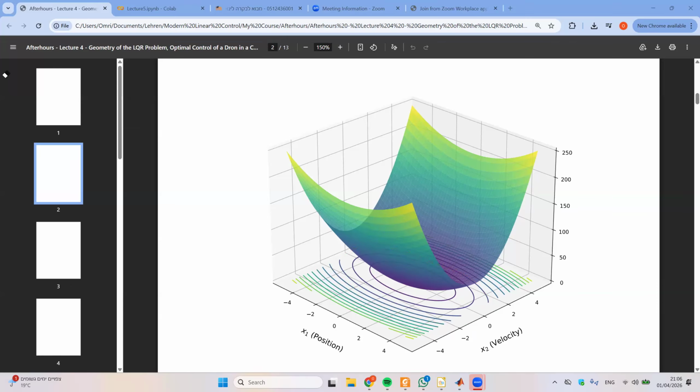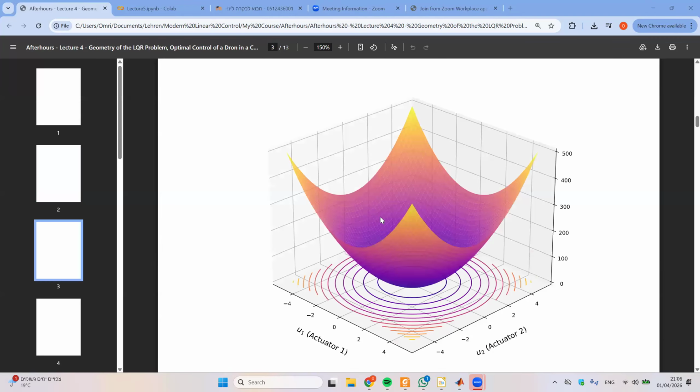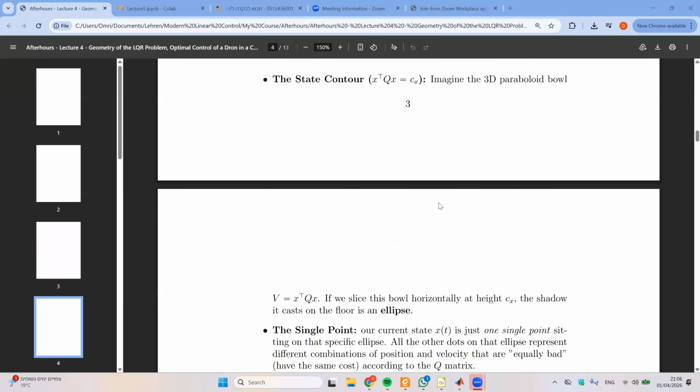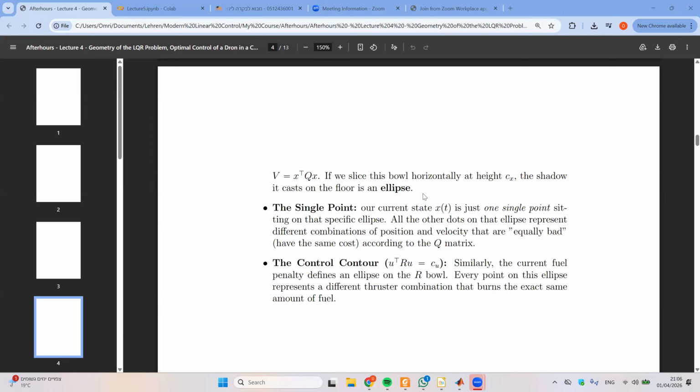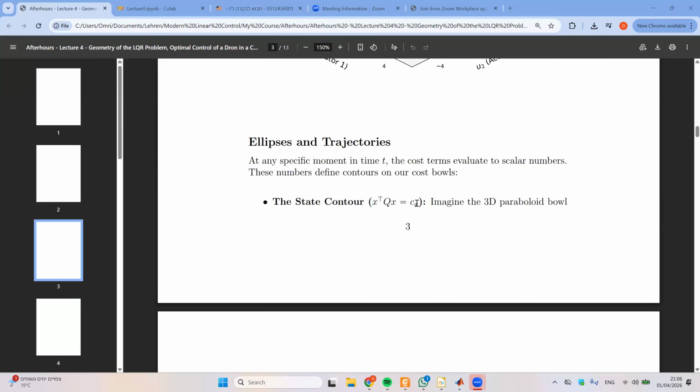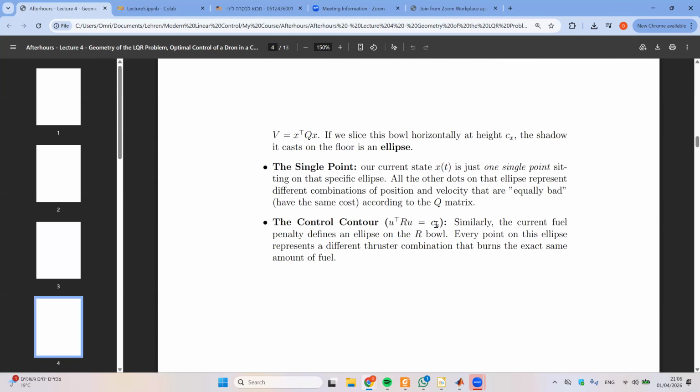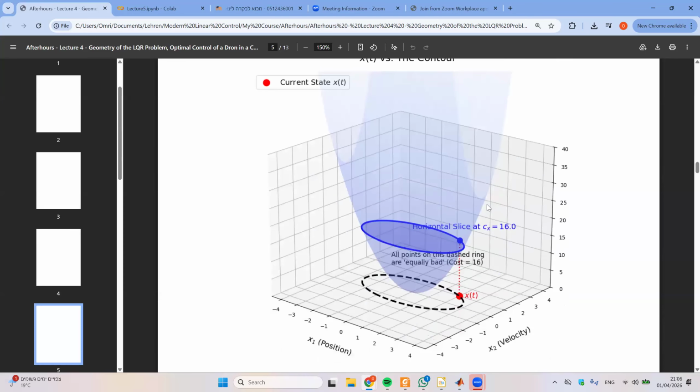So what does it mean in terms of cost? The number itself, so like cx here and cu here, are the cost. So here's an example. For some specific point in time, the second value for x is 1 and the first value for x is 2.